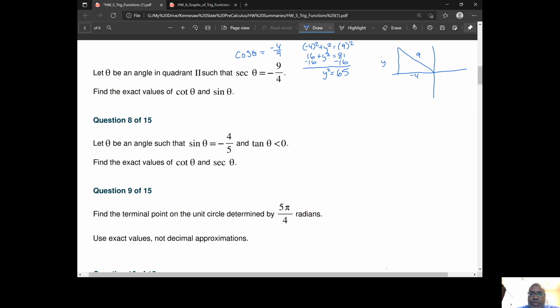So that means that y is equal to square root of 65. So now we go and find our sine, cosine, and tangents.